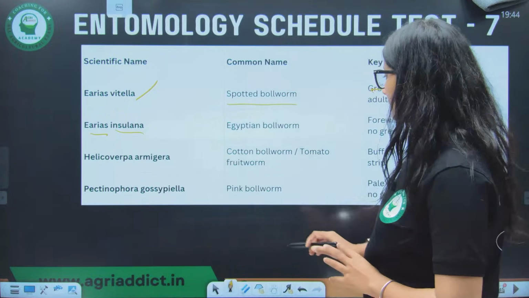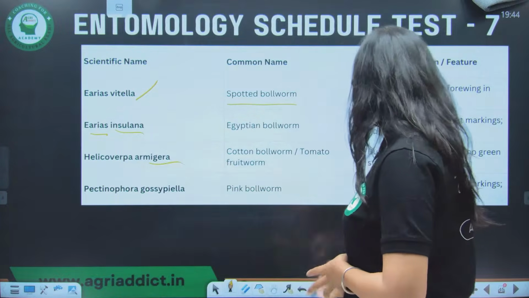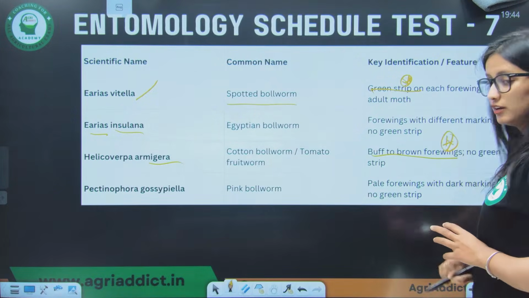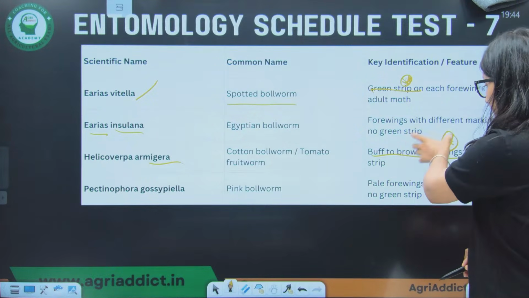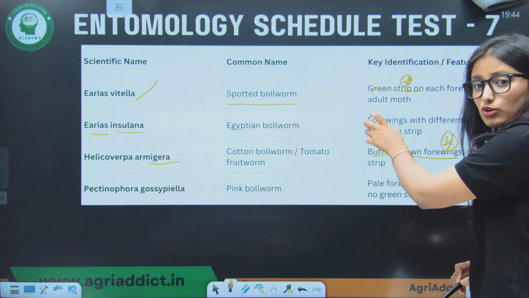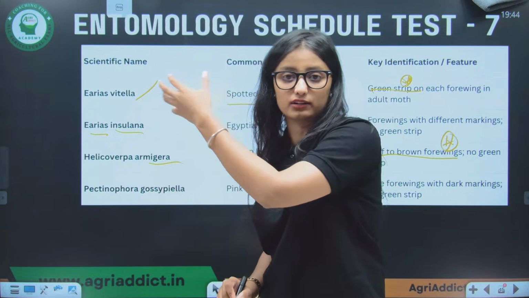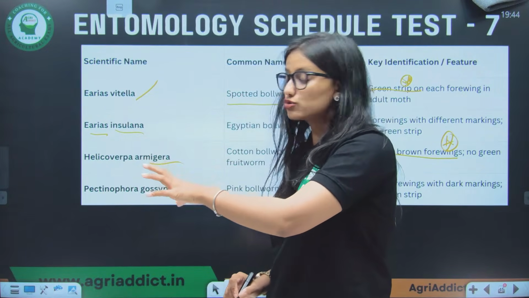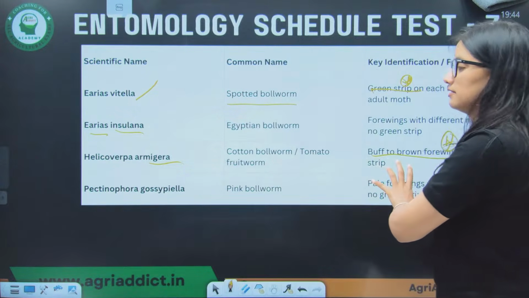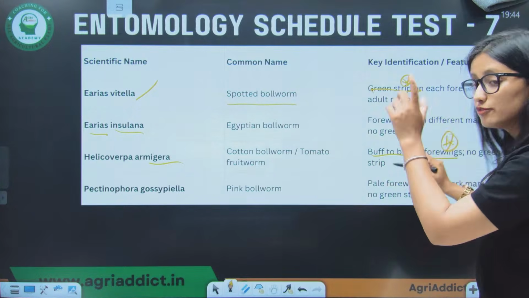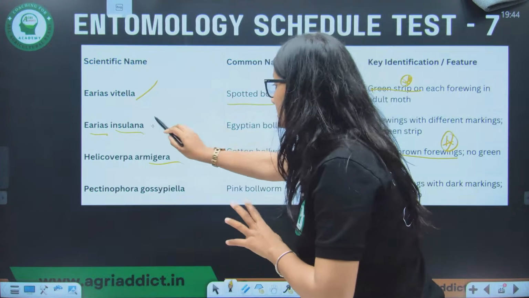So what about Helicoverpa armigera, the cotton bollworm? Buff to brown forewings. You should remember these colors also. Here the question is asked on the color or the pattern of markings on the forewing or hind wing. You should know the color or the markings present. So what about Earias vittella? I told you, green stripe on forewing. What about Earias insulana?